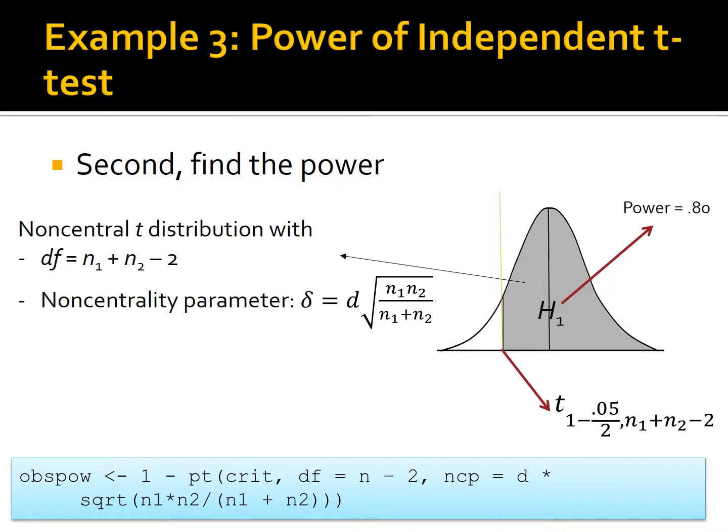So we can write the equation: the observed power is 1 minus pt of the critical value, with degrees of freedom n1 plus n2 minus 2, and non-centrality parameter equal to d times the square root of n1 times n2 over n1 plus n2.